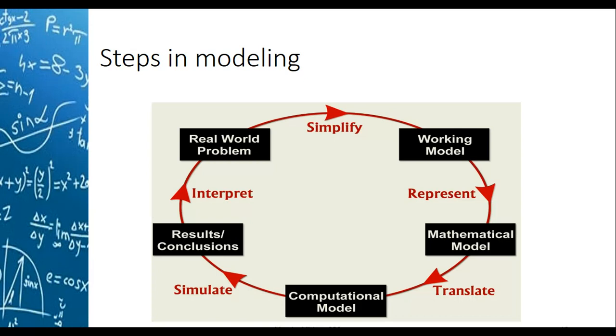If your error is very large, there must be something not right somewhere, so you need to backtrack your record. You need to look back at the computational model and the mathematical model that you have, and tweak them a little bit.